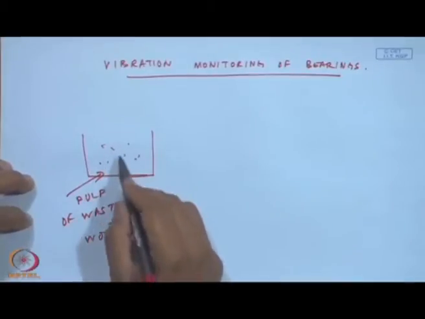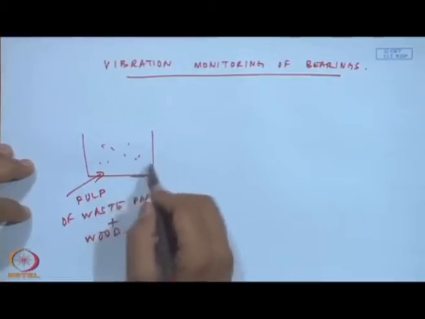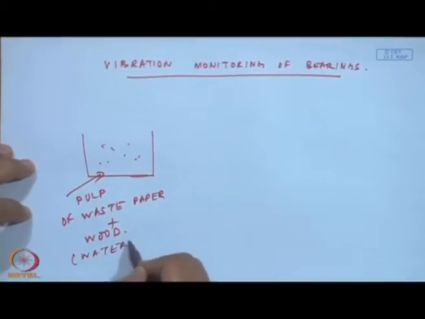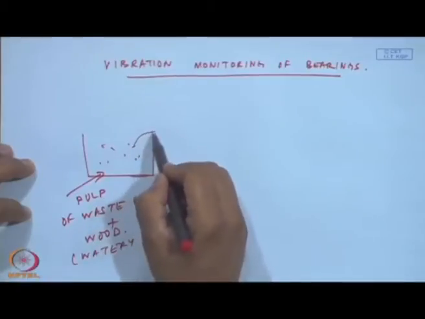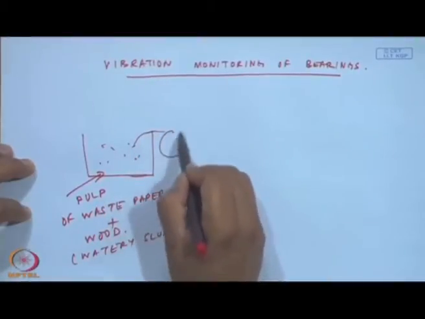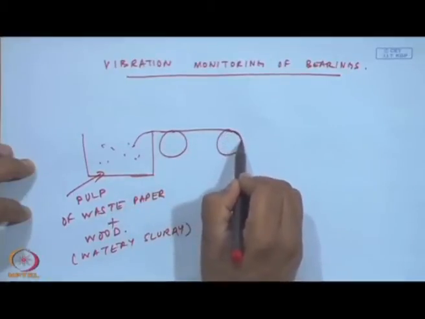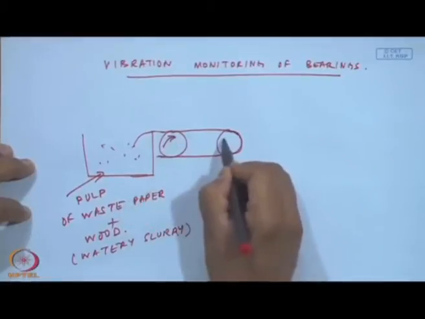This is like a slurry, almost full of water, a watery slurry. And this is fed onto a roll, which is spinning at high speed.